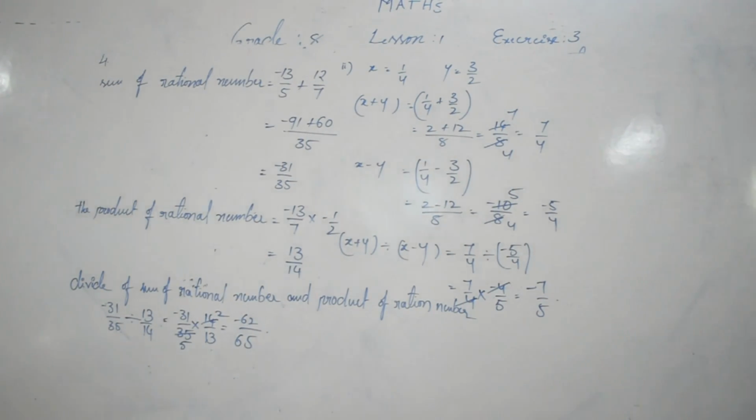Next one. Two pieces of length 2 3 by 5 meters and 3 by 10 meters cut off from rope of 11 meters long. What is the length of remaining rope?